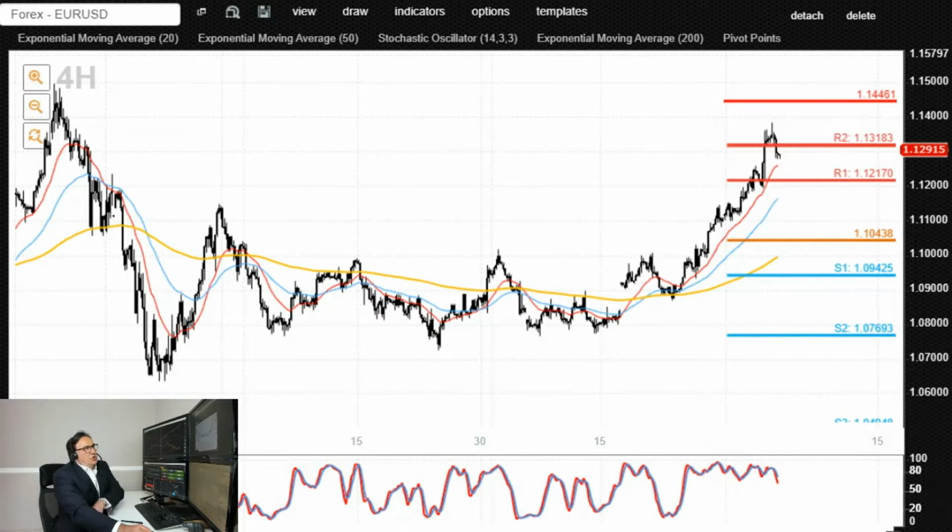This is the euro dollar. Euro dollar also saw this massive breakout out of this consolidation range around 1.10, 1.1050, and subsequently we are moving higher. This is the intraday price. The price is creating higher highs and higher lows, and it's supported by this rising trend line and multiple moving averages.